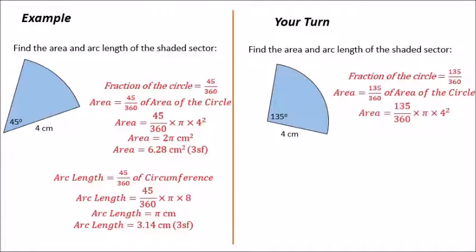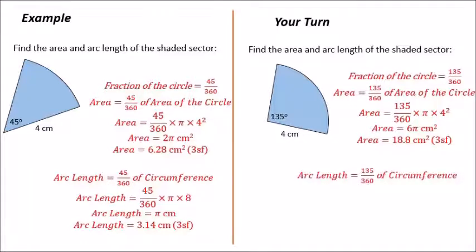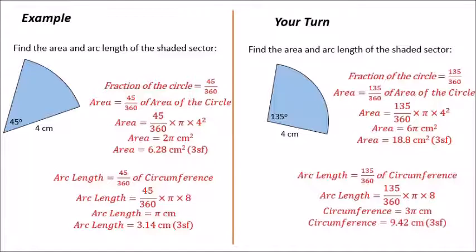So the area is that fraction of pi times 4 squared, which simplifies to 6 pi, or 18.8 centimetres squared, to 3 significant figures. The arc length is 135 360ths of the circumference, which is that fraction of pi d, or pi times 8 in this case, which gets us 3 pi, which is 9.42 centimetres.